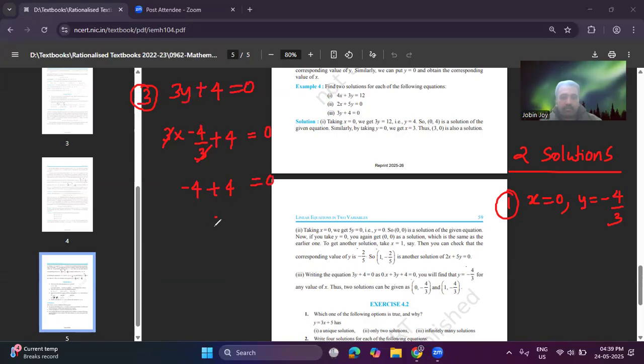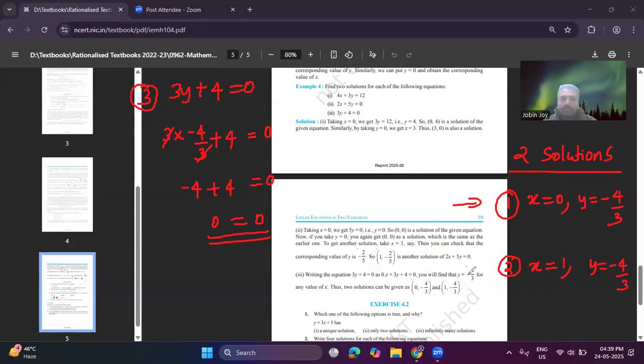What is minus 4 plus 4? 0. So left hand side is equal to right hand side. So the solution of the given equation 3y plus 4 equal to 0 is x equal to 0, y equal to minus 4 by 3. Then the second solution, x equal to 1, y is equal to minus 4 by 3.